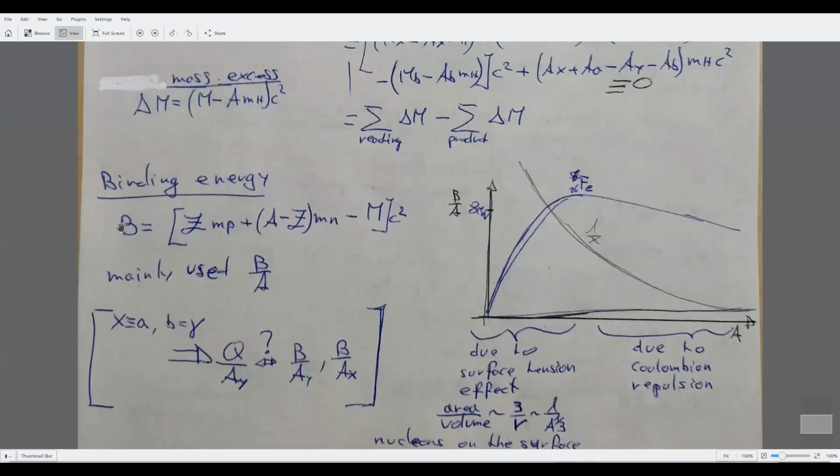Mainly, it's used as the binding energy per nucleon. This is also for a reason: there is a connection between the Q value per nucleon of the product, the total, and of the other two.